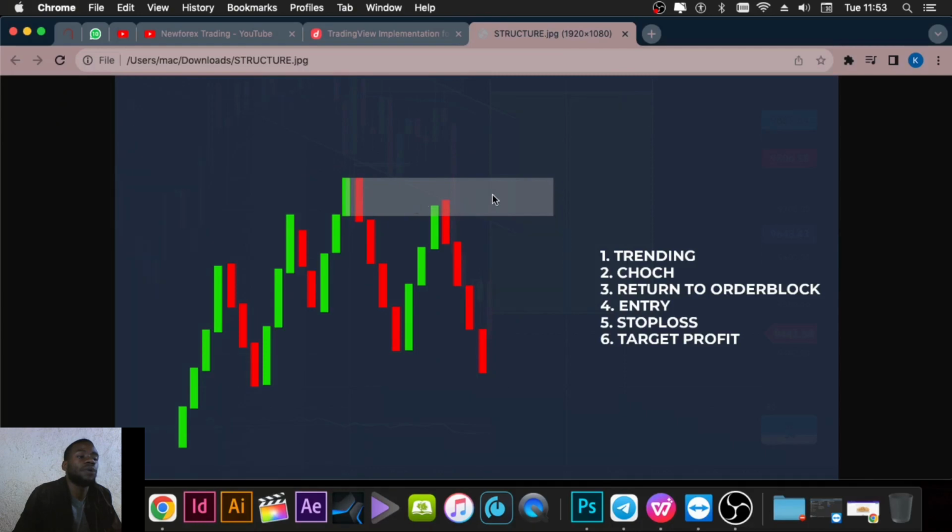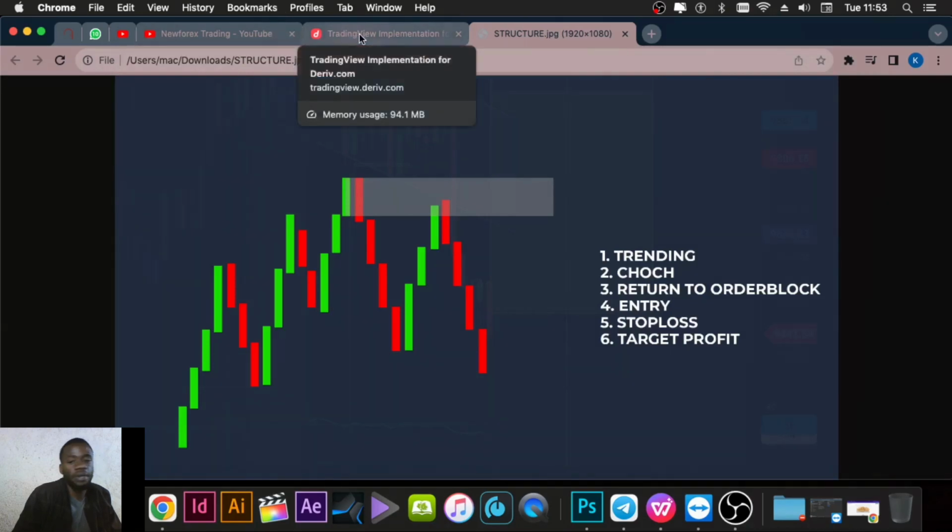Midpoint entries have a smaller stop loss compared to edge entries, and they are more profitable. So make sure that you practice this on your accounts, live accounts, and make money. We are in 2024 and we have to be making a lot of it.